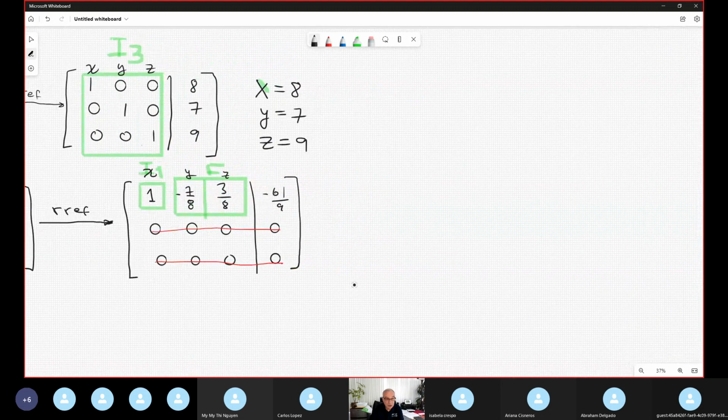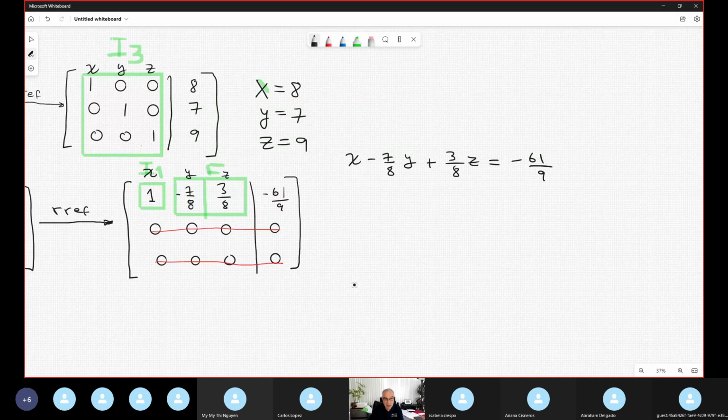Now I know that Y and Z are free variables and X is not. X depends on Y and Z. So the equation is 1X minus 7 over 8 Y plus 3 over 8 Z is equal to minus 61 over 9.